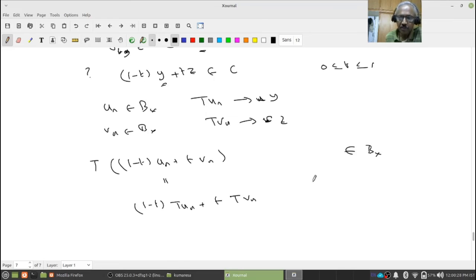Now remember, T is continuous. Therefore T of un converges to y, T of vn converges to z. Therefore this converges to (1 minus t) times y plus t times z. Therefore that's in C. You follow that?